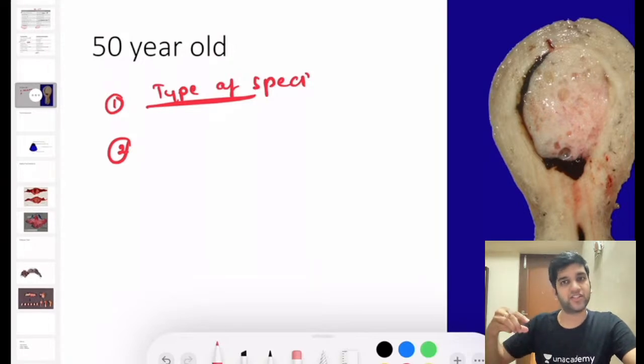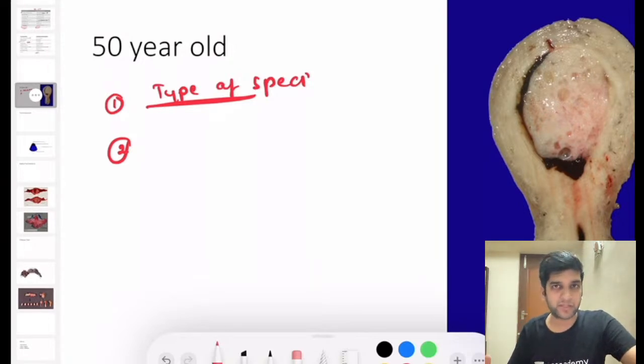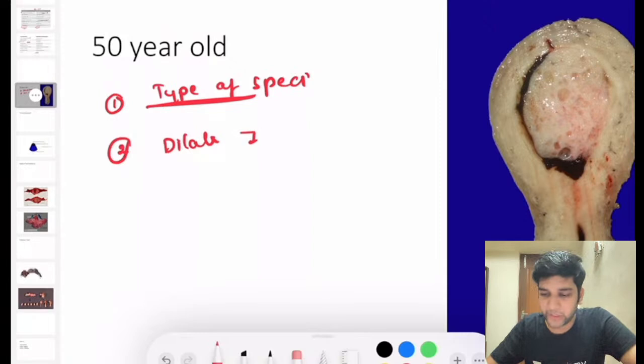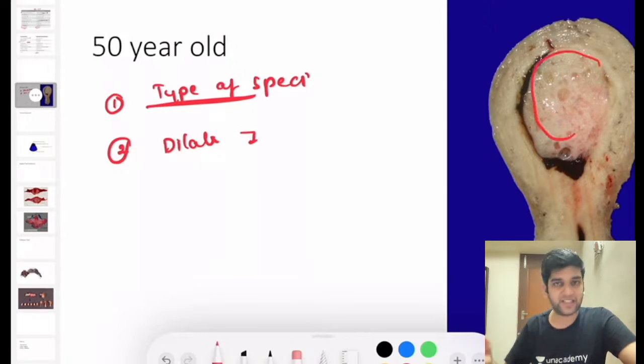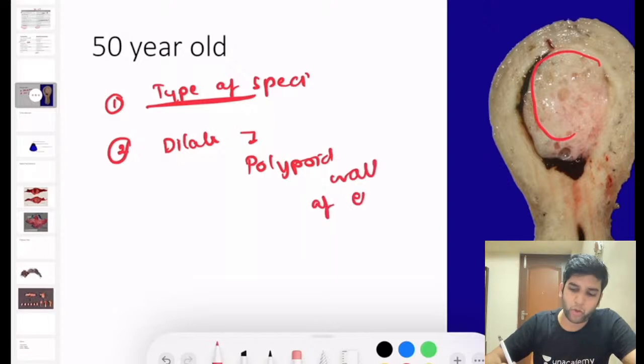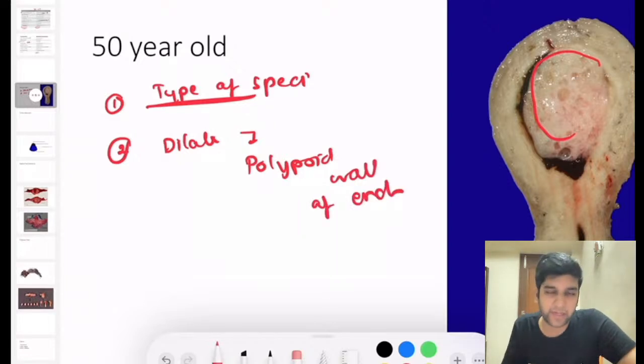Always do not say cervix is normal, then go to endometrium. Endometrium is definitely abnormal here. So the first thing is, the endometrial cavity is dilated and distorted. I can definitely use the term polypoidal mass, right? It's definitely growing inside the endometrial cavity from the lining of the endometrium, by a polypoidal mass from the wall of the endometrium. Hopefully from the endometrial lining only, fine.